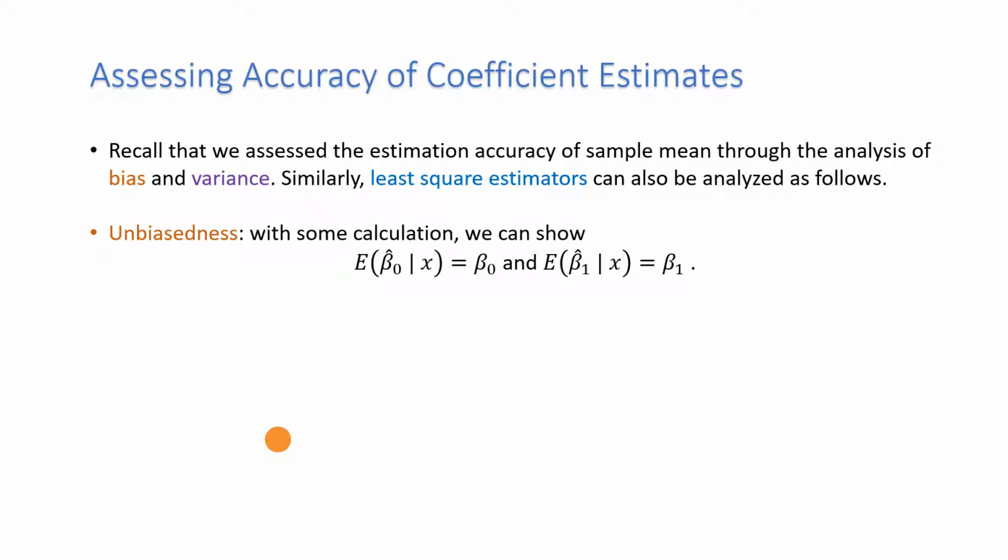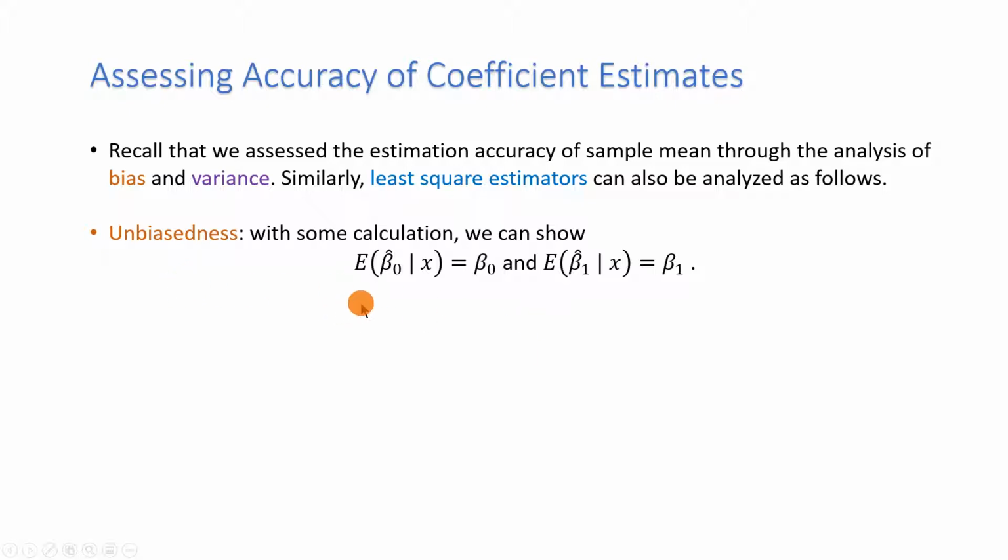So we would like to analyze the bias and variance of these two estimates conditioned on the random sample you have obtained. The first one is unbiasedness, which is a very nice property for your estimates beta 0 hat and beta 1 hat.